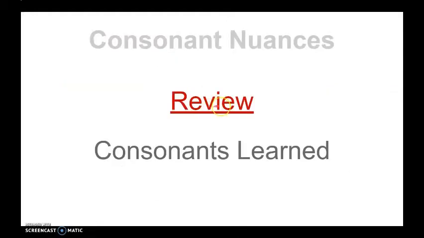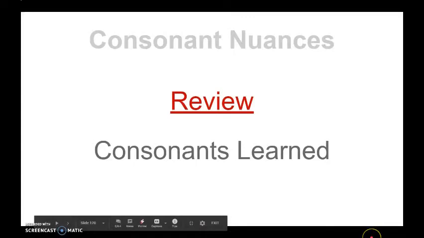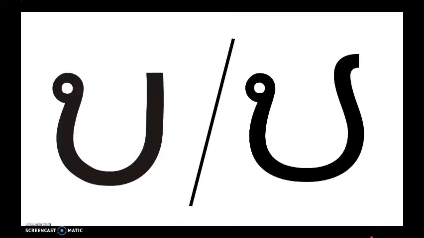Okay, so now let's review the consonants from this week that we learned. And actually, we're reviewing all the consonant nuances that we've learned so far. So this would represent all of the letters that look similar that we've learned so far, but they sound different. Now, do you remember what these two letters are?